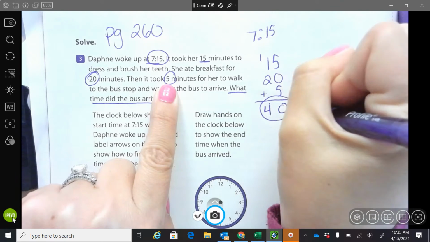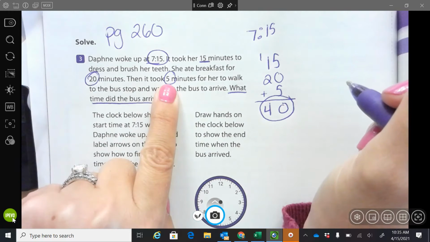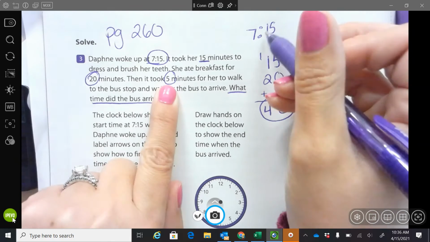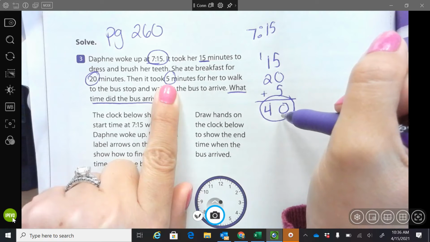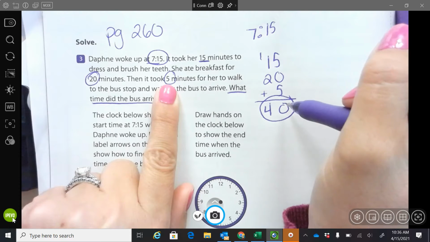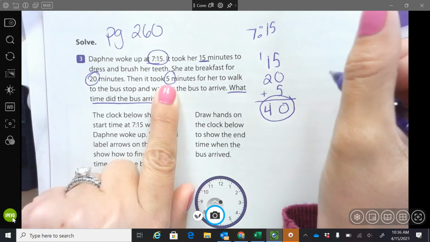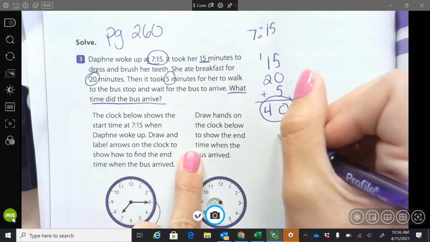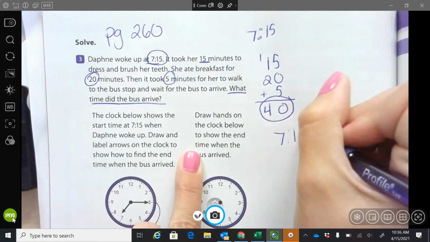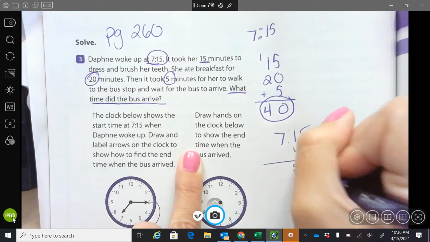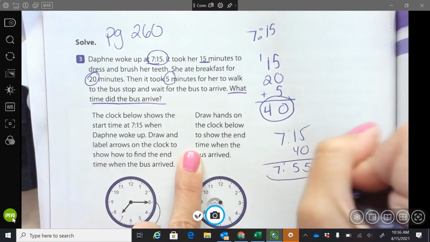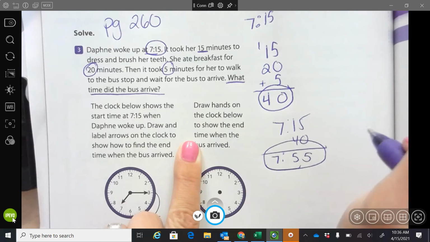How many minutes did it take her to do all those things? 40. So if she got up at 7:15 and it took her 40 minutes, what time would that put us at, Charlie? 7:55. And we can also figure that out if you do 7:15 and 40. 7:55.